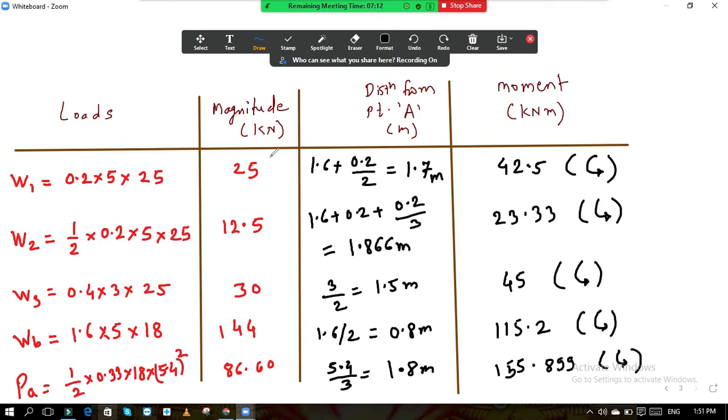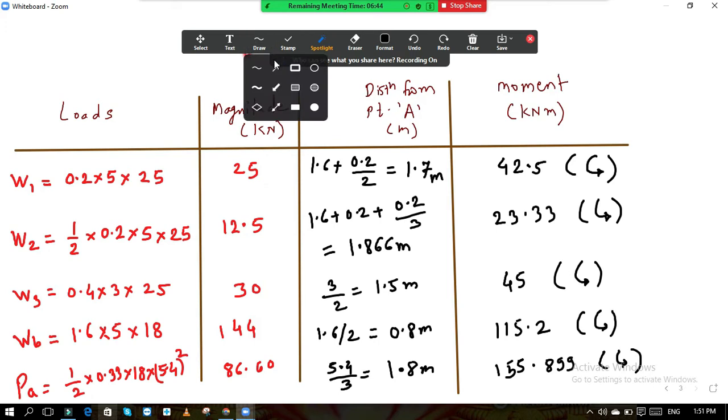But the thing is that all these forces are vertical forces. This force is vertical, the second is also vertical, third is also vertical, fourth is also vertical, but passive earth pressure is horizontal. So in doing the algebraic sum of the forces, we won't consider passive earth pressure because it is horizontal.